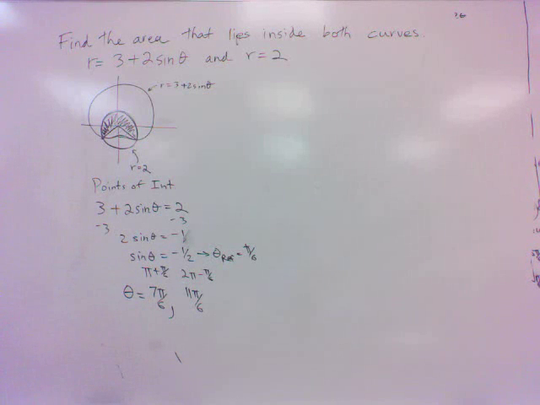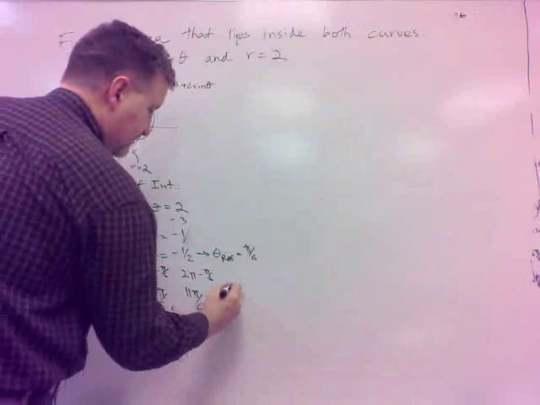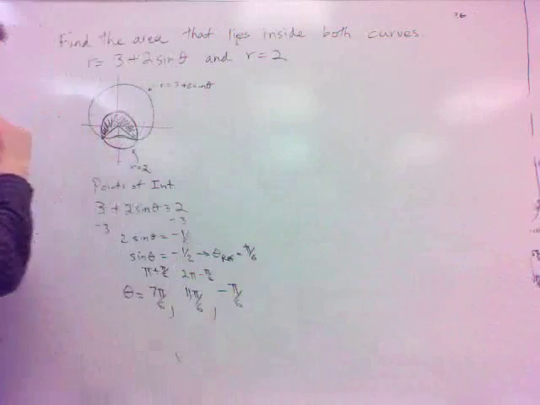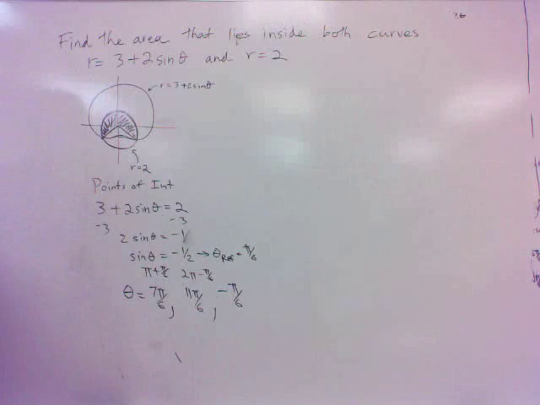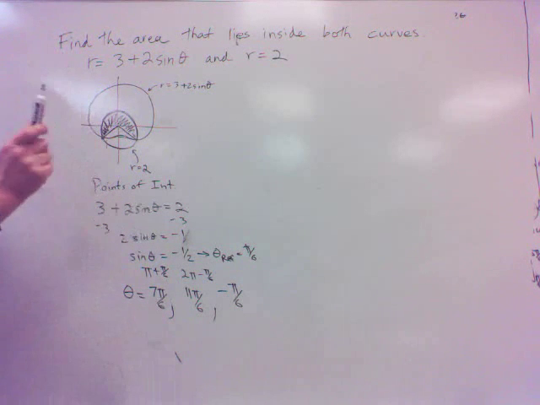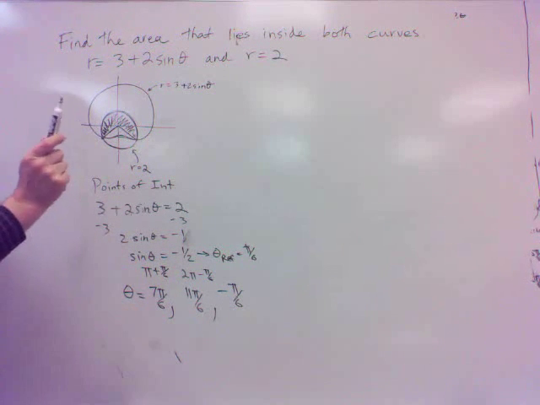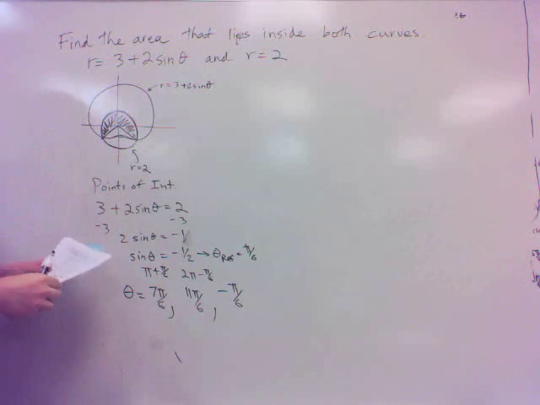Could we also just use the negative? Okay, yeah. Negative pi over 6, we might need to throw that in. Then we can go from negative pi over 6 to 7 pi over 6. Right, okay, yeah. Now, here is something we need to think about too.